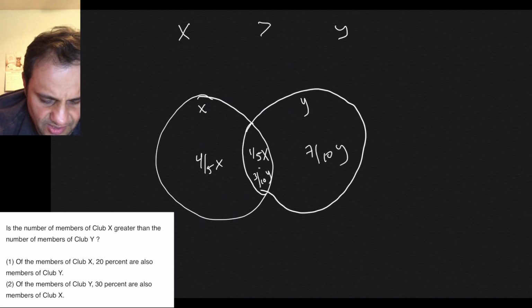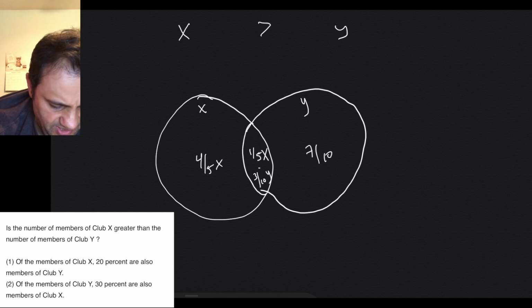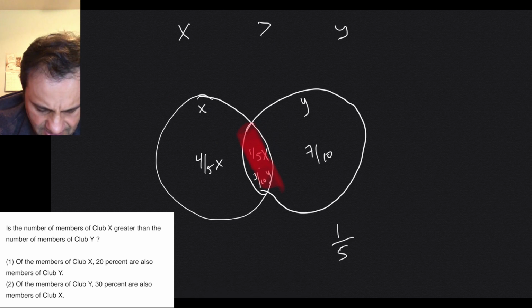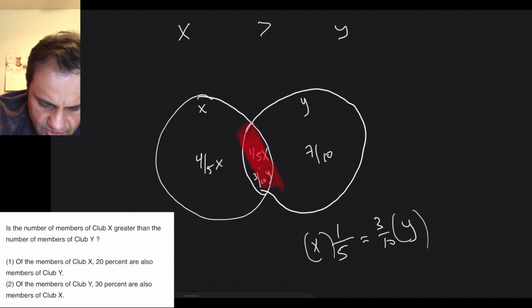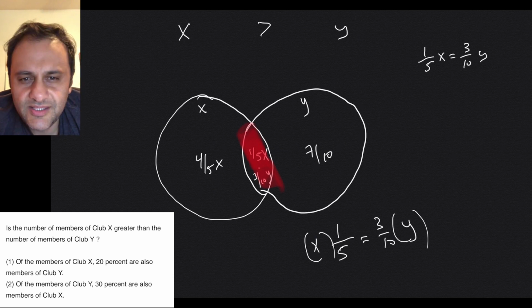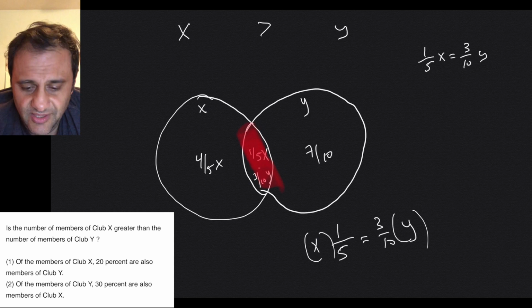So look at that middle. Whatever 1/5 of X is, it has to equal 3/10 of Y. Let's draw it up here. So we have 1/5 X equals 3/10 Y. We have 2 unknowns, so we can't really answer this.